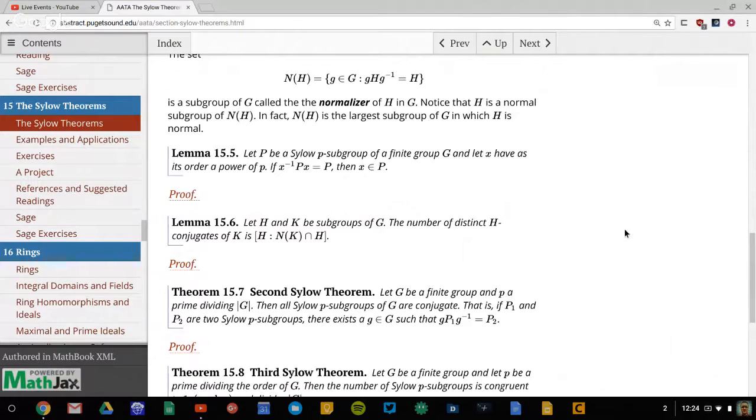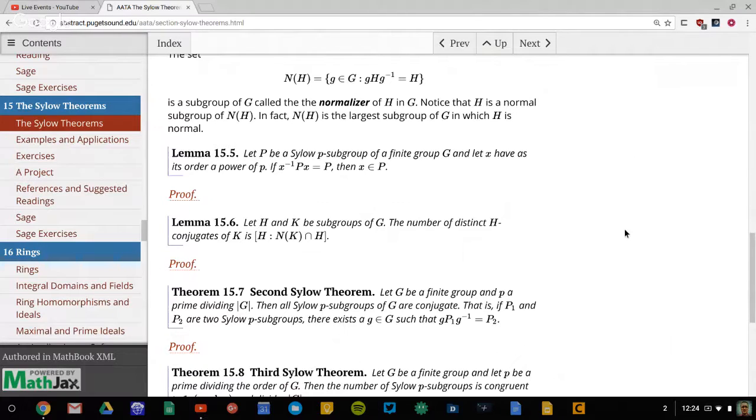If, when you conjugate P by this element, now it's slightly curious here, we've got X inverse P X. You could equivalently make that X P X inverse, because if X has order a power of P, so will X inverse. Remember, an element and its inverse always have the same order. But for the way it all fits together, it's presented like this.